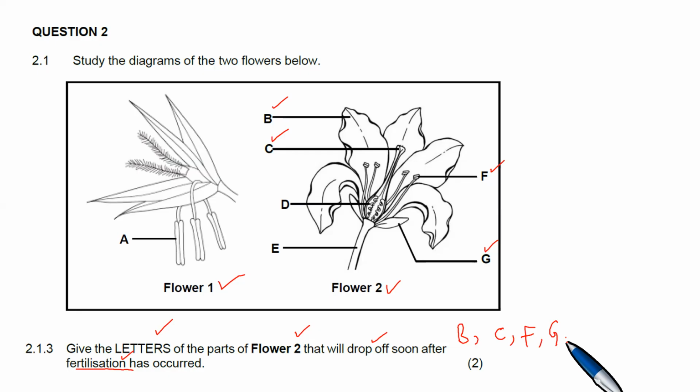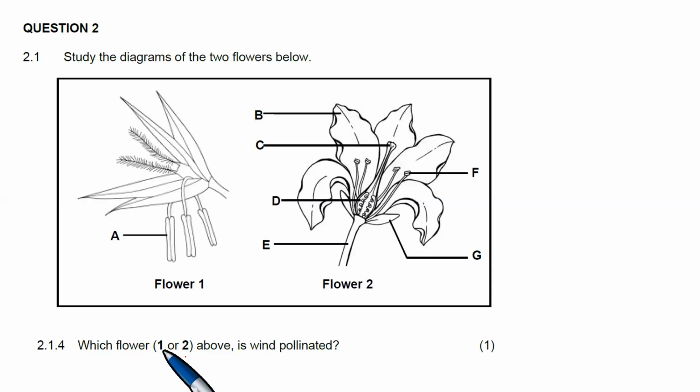Just note that, and they're very straightforward. After fertilization has occurred, obviously we're referring to flower two, the top parts of the flower will most certainly do what? Drop off. Okay, next question.